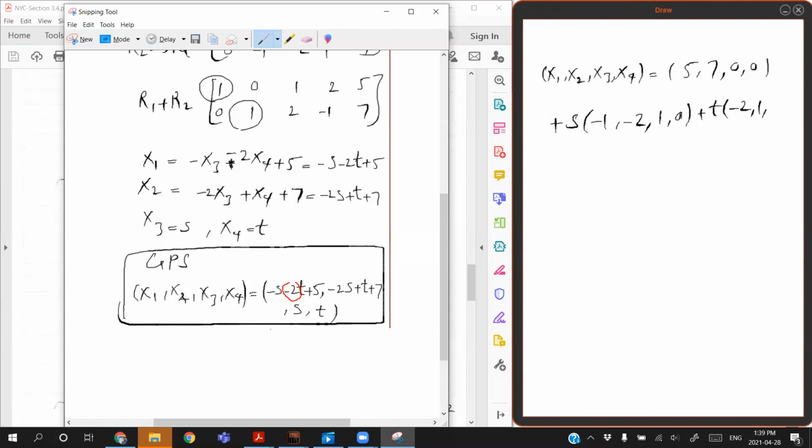Then for the next component, it's 1. Then there is no t in the third component. There is no t here, yes? So it's going to be 0. And finally, there is 1t, so 1. So everybody sees that these two are equivalent.